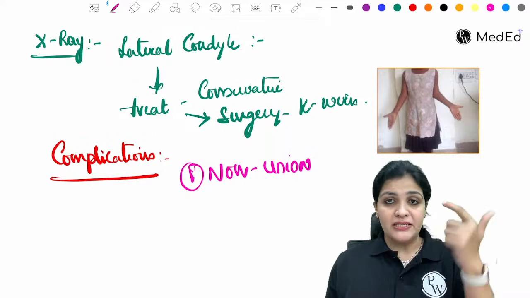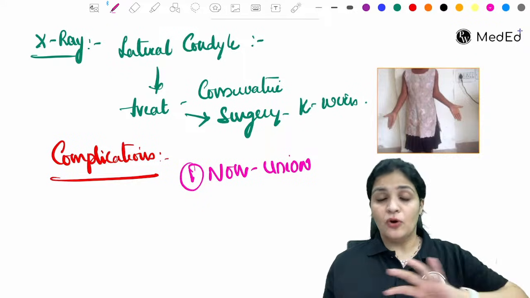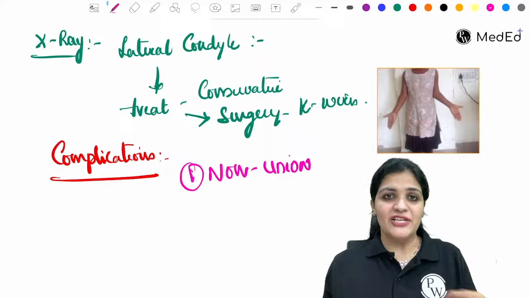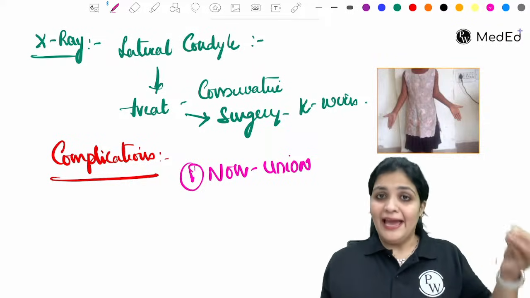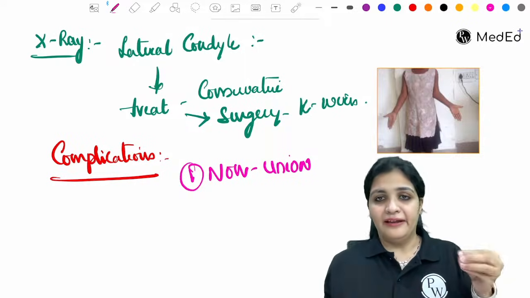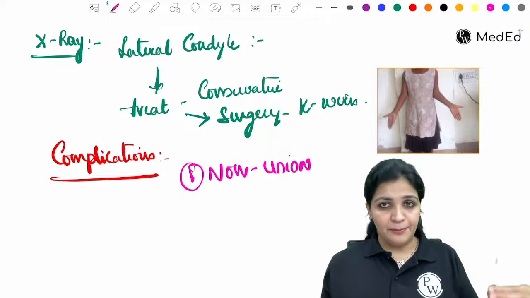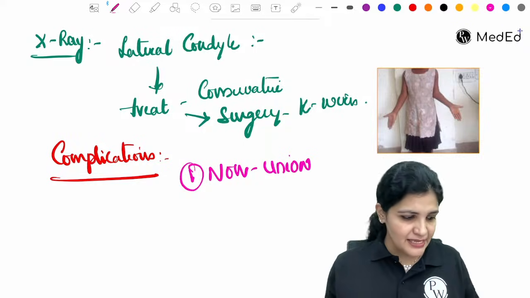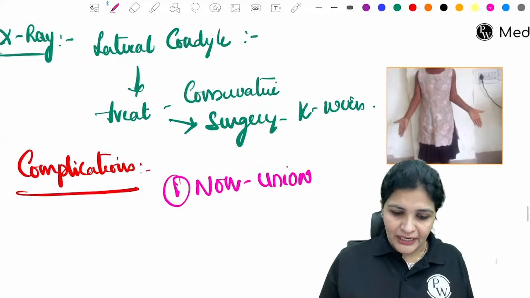But here, because it is an intra-articular fracture, the synovial fluid present in the joint has various inhibitors which will inhibit fracture healing. Hence, most intra-articular fractures land up in non-union, and one of the classical examples is your lateral condylar fracture humerus. Is that clear? Okay, so this is one of the important complications.